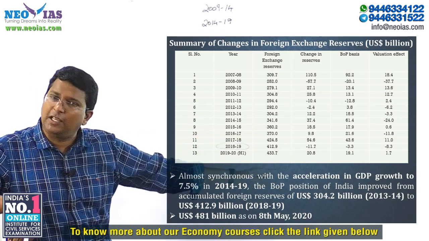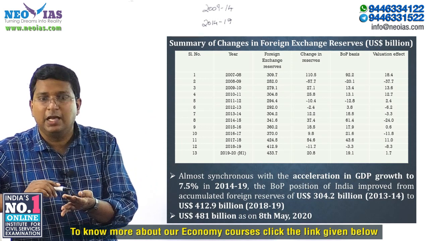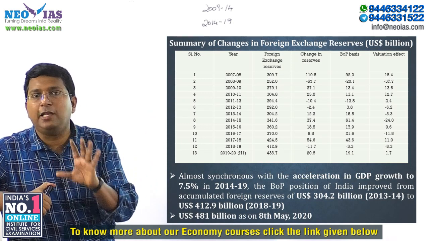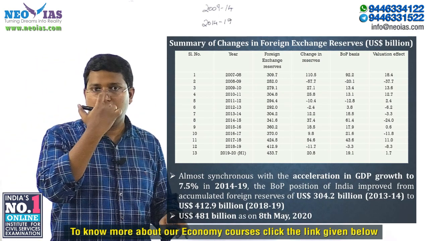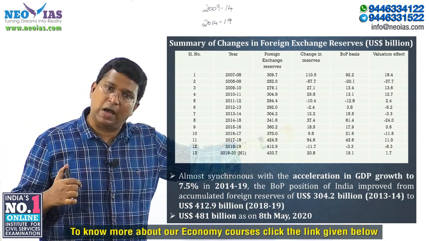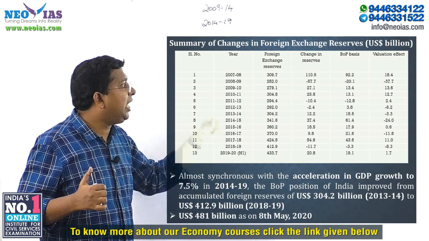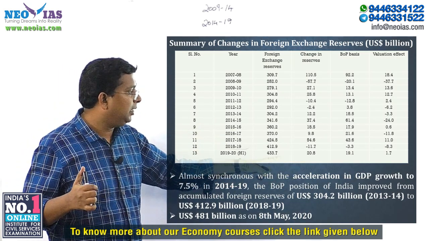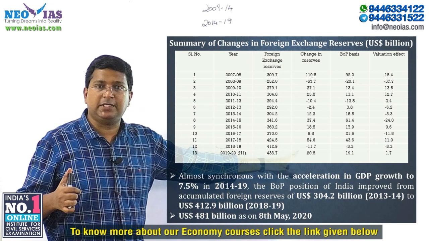On the valuation effect, they will not ask you to go deeper into it. You just need to understand that the foreign exchange reserve value is decided by two factors. One is BOP basis, second is valuation effect. Be very clear, in 18-19 BOP went into deficit.